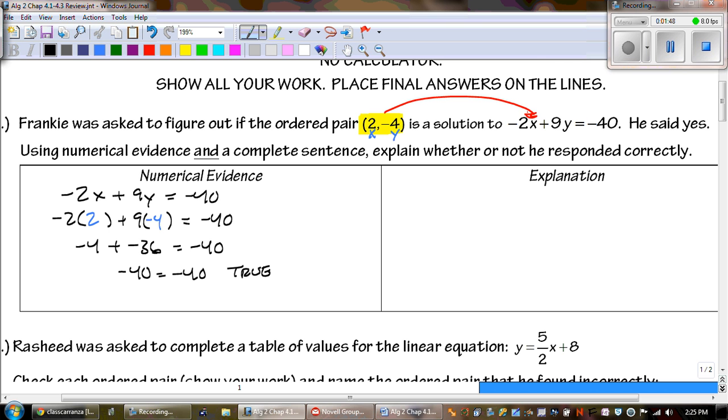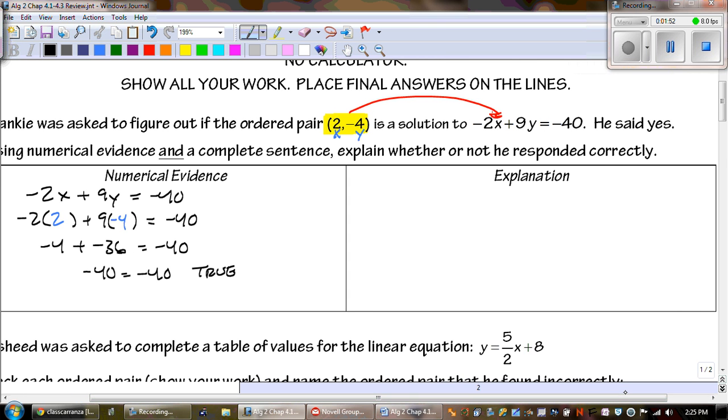Awesome. So now we have to explain that in a sentence. Well, how did he respond? Right here it's asking, did he respond correctly? Well, did he? Yeah.